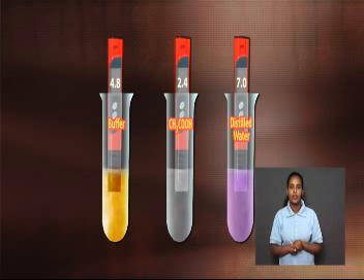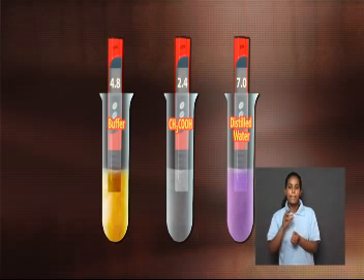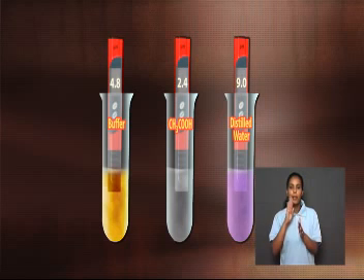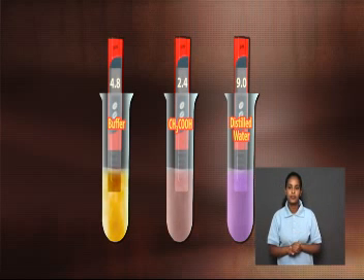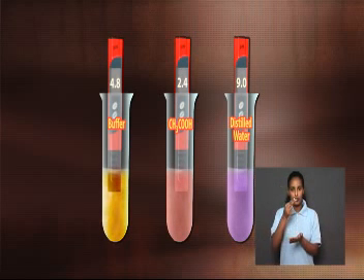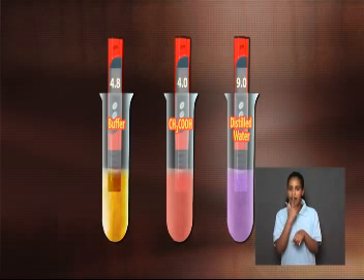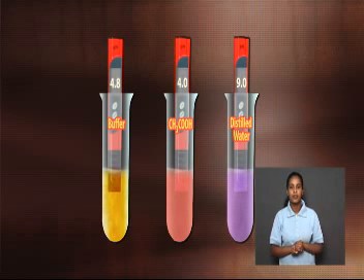The distilled water changes to a purple color, which indicates that it is basic. Its pH changes to about 9. The test tube that contains acetic acid obviously turns red, indicating that it is an acid. Its pH changes to about 4.